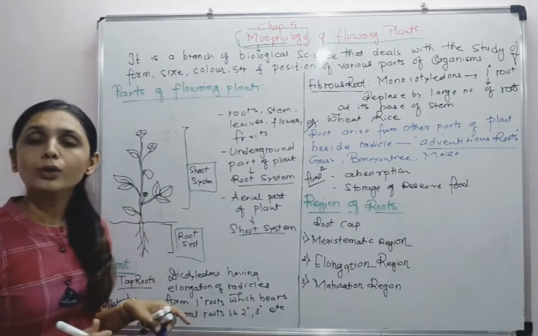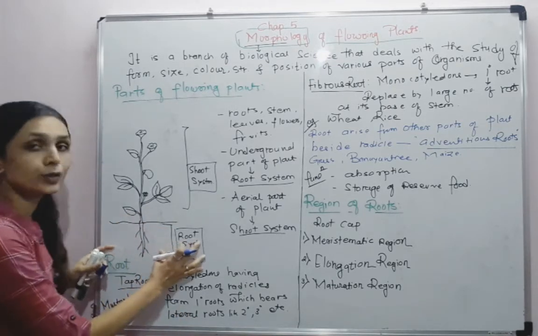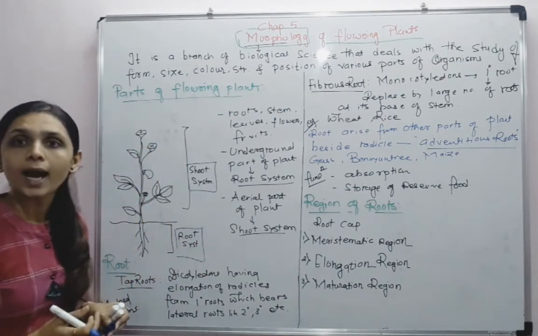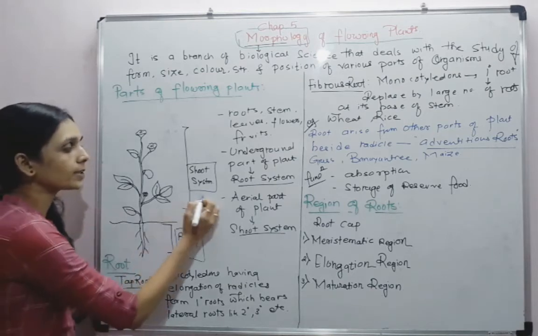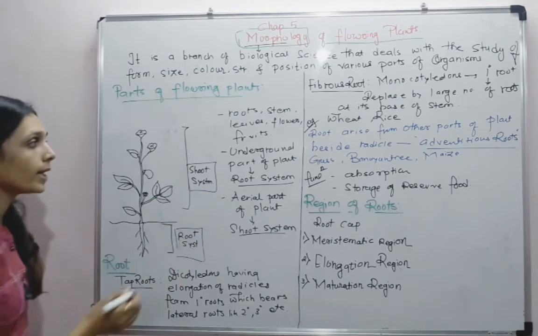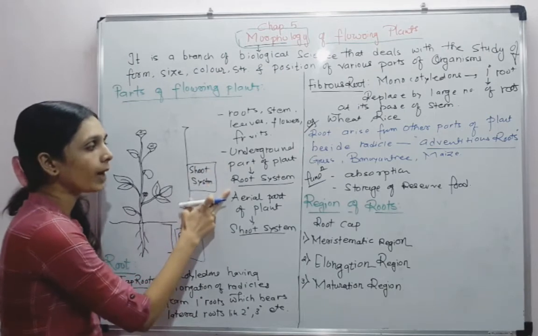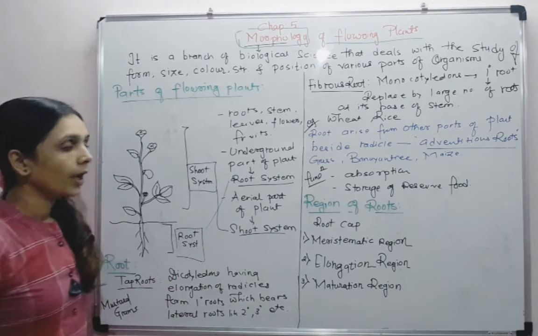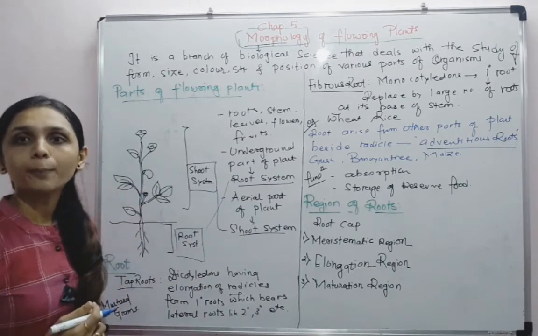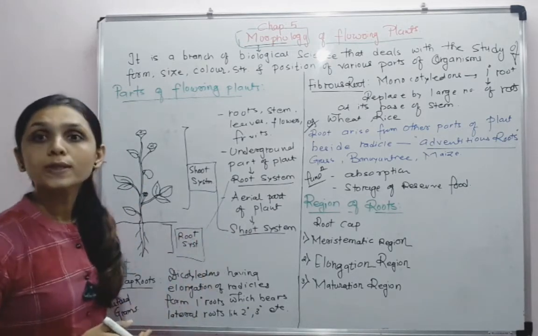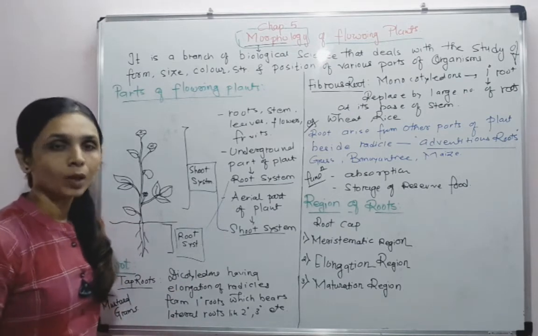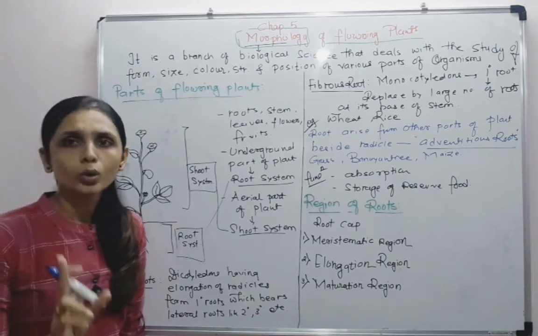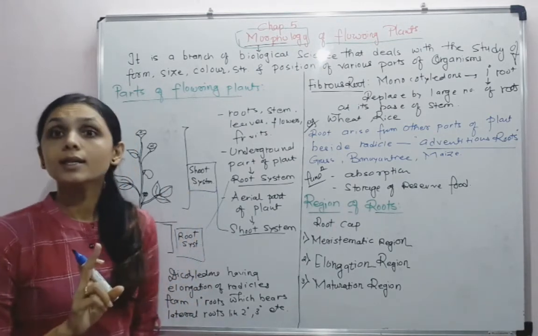The part below the soil, the underground part of the plant, is known as the root system. The part above the soil, the aerial part of the plant, is known as the shoot system. Shoot is what? Stem. Don't confuse them: root is root, and shoot is stem.